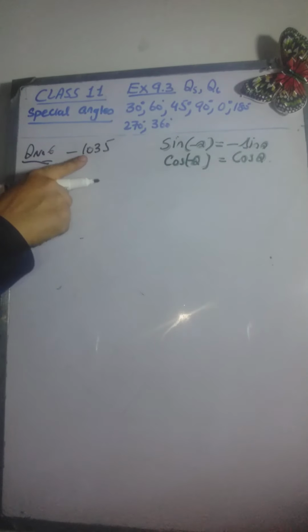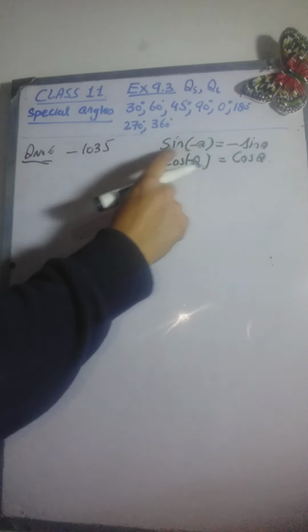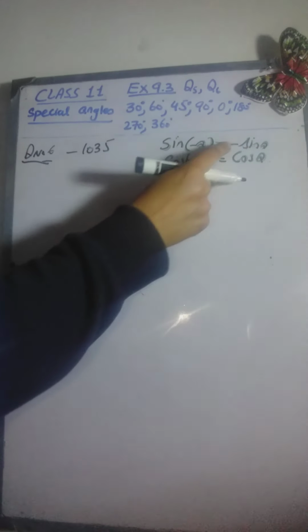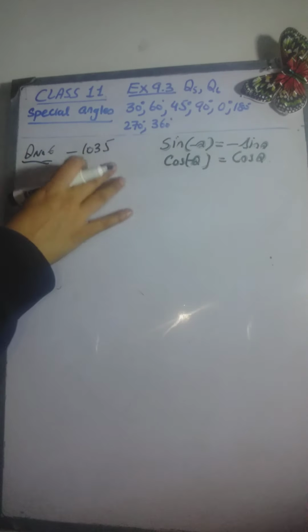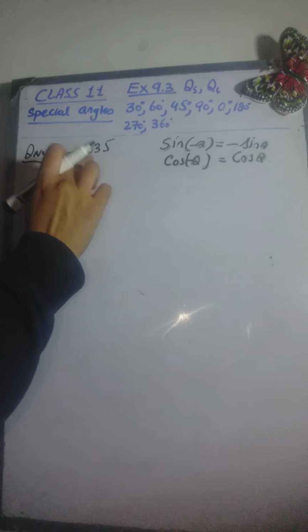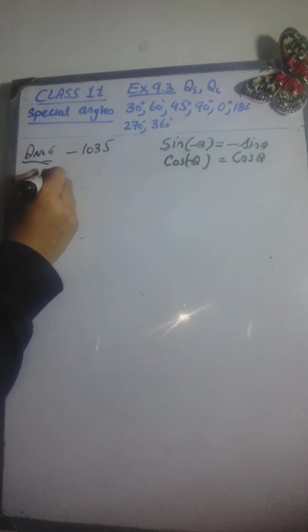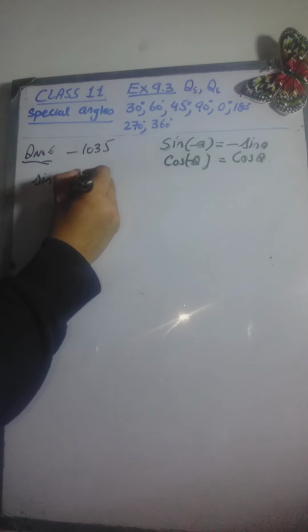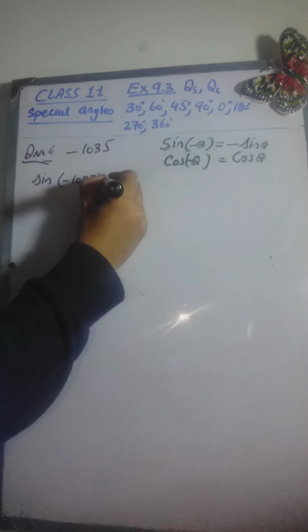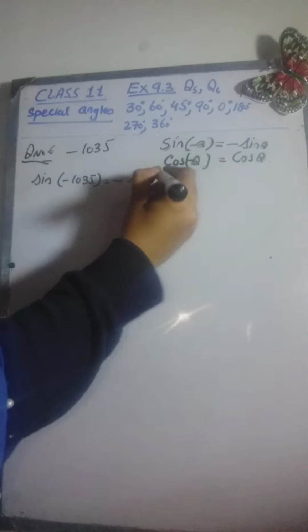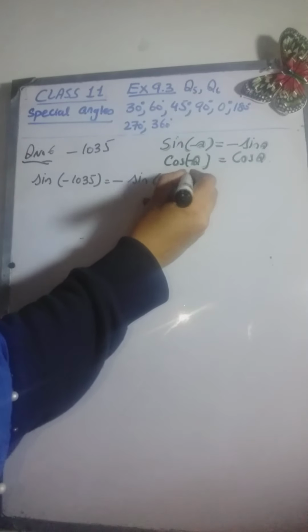Now if you have a negative angle, then you can use this property and put the negative sign aside, and after that you can apply the same method. For example, in this question, sine of negative 1035 will be equal to negative sine of 1035.